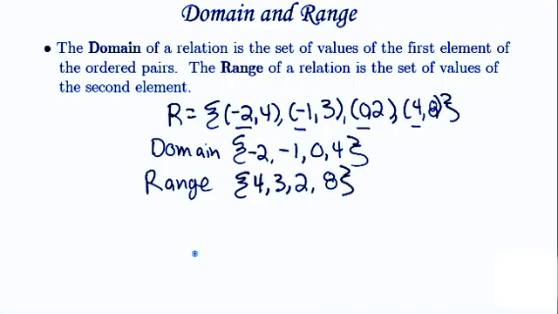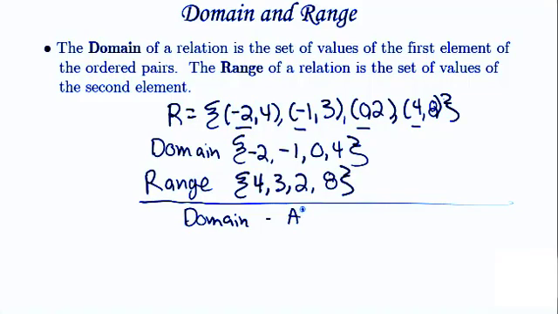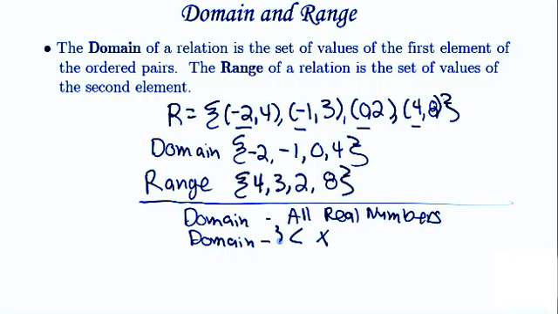A domain or range can also be broader. For example, the domain can be something like all real numbers. So not in this case, but just in another case, it could be all real numbers. Or a domain could be given as, x is greater than 3 but less than 8.